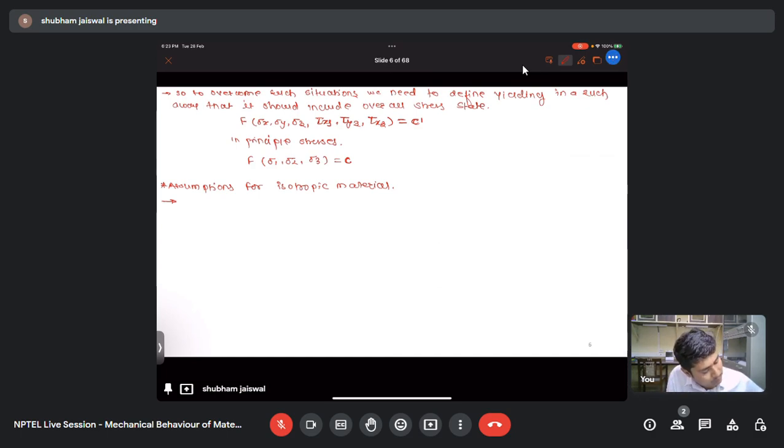So the magnitude of mean stresses does not influence yielding. Okay. Now the second thing, that is no Bauschinger effect. That is, the yield strength in tension should be equivalent to the yield strength in compression.